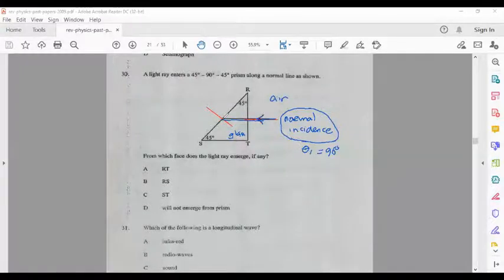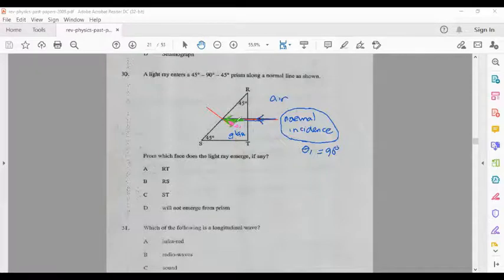So if we look at the angle of incidence, let's call this wave that's now in our glass prism. This is our new angle of incidence right here between the green and our red normal. I'm going to color it in pink. Okay, that's our angle of incidence, making an angle with the normal, the red normal there.